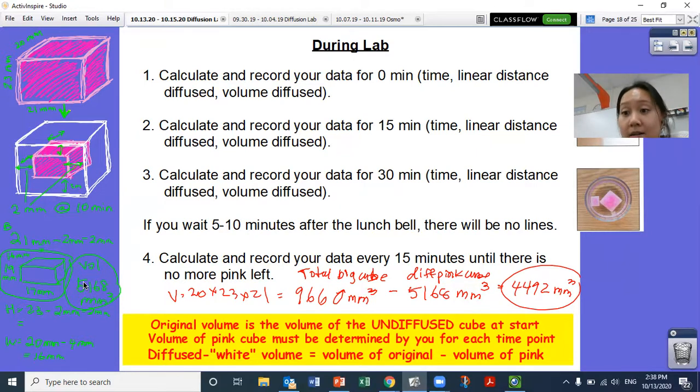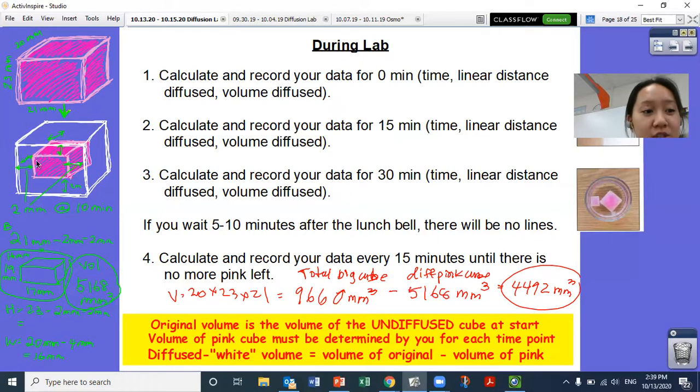We also want to calculate volume of diffusion. So that's going to be the amount of white, or the volume of the white part. And that's related to when we calculated the amount of blue left, where you subtracted the volume of the green from the total blue. So you easily have the total pink, right? This total pink is essentially your total white, right?